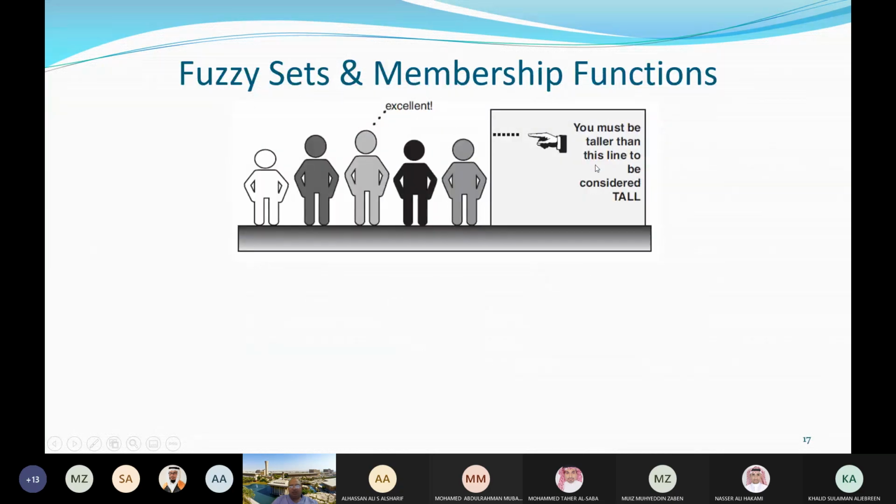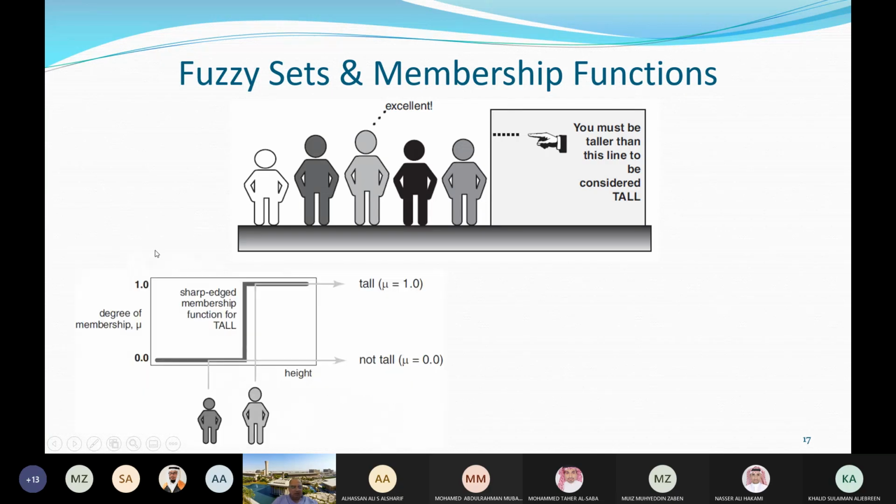So you must be taller than this line to be considered tall. So of course you have some degree of membership. This one could have 0.8, this one could have 0.6, this 0.4. Maybe this will be 0 degree of membership of tall, and so on.